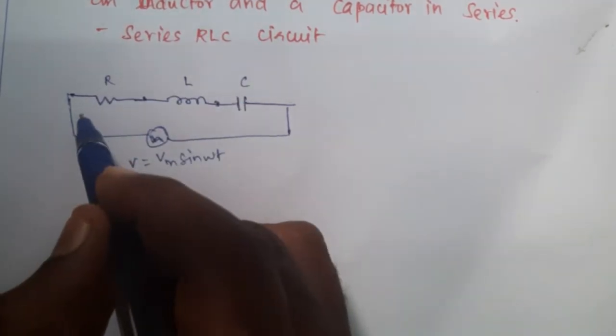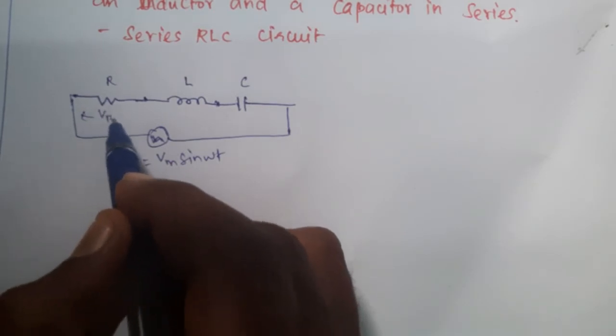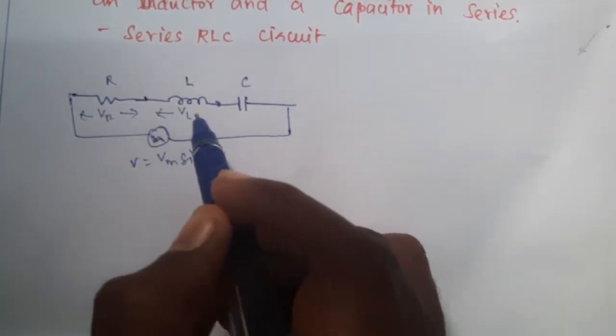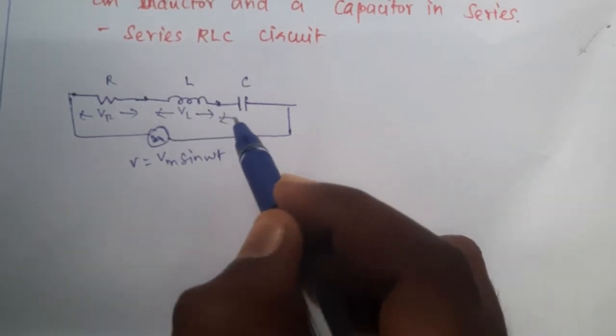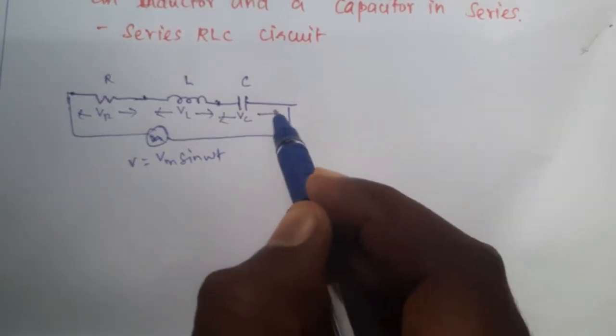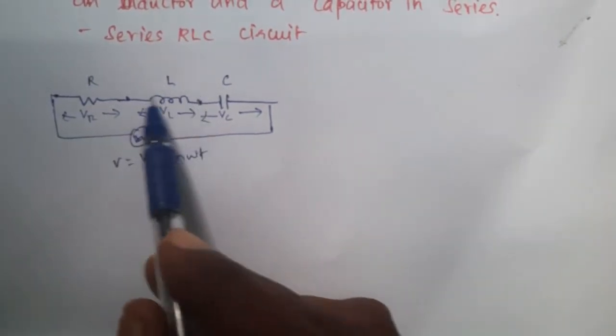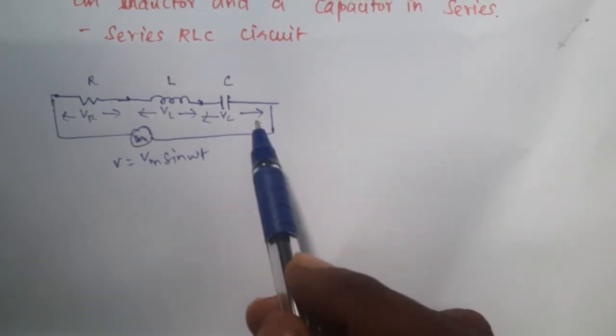Across the resistor it appears as Vr, across the inductor as Vl, and across the capacitor as Vc. So Vr is the potential difference across the resistor, Vl across the inductor, and Vc across the capacitor.